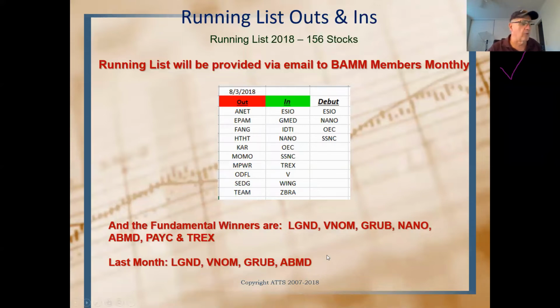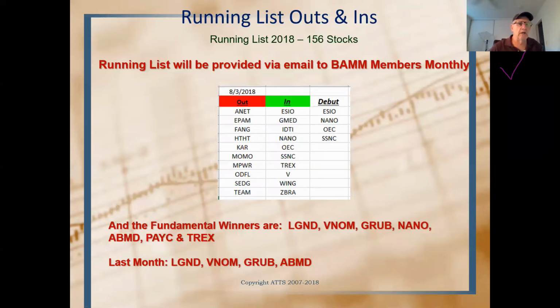The month before, and this is what brought this to my attention, LGND, Venom, Grub, and ABMD showed up on the list of fundamental winners. What became glaringly clear is that once I had that list developed, that could be my trade list going forward until they're replaced.